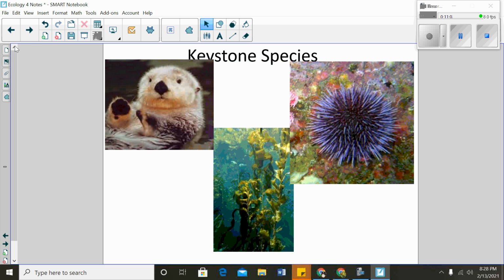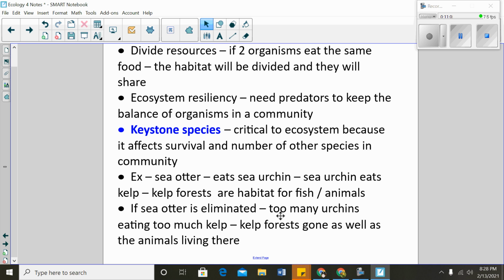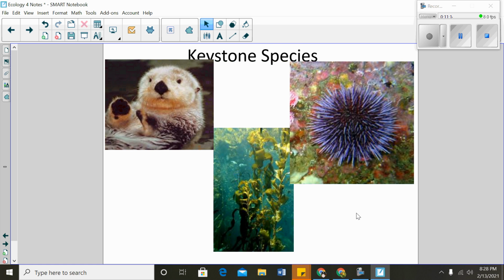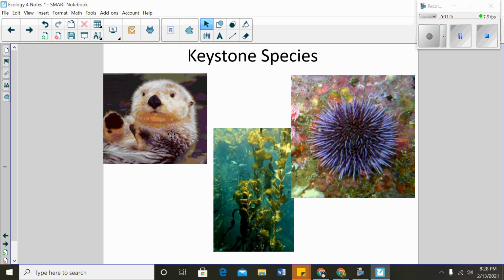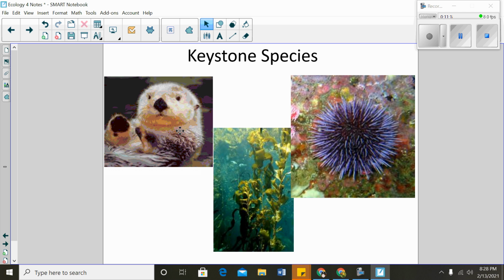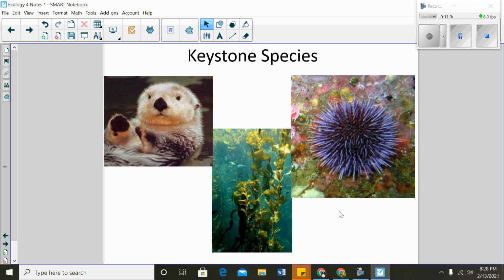This is going to disappear because there's too many urchins eating it. So the kelp forest will be gone, as well as anything in that kelp forest. So do you see what happens? If you take out one species, you affect the survival of other species. It's like a chain of events. So that's why you have to be careful about nature. You don't want to mess with it because you don't know what the result's going to be if something gets eliminated from an ecosystem.